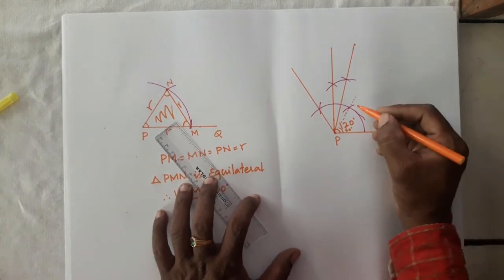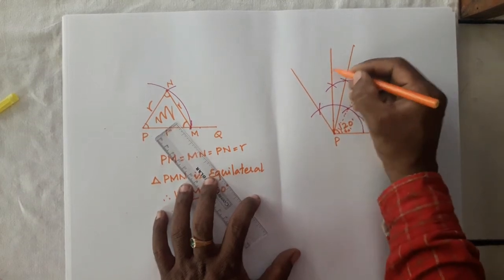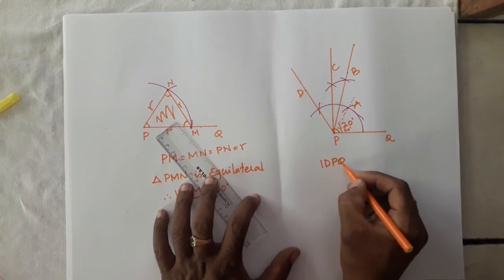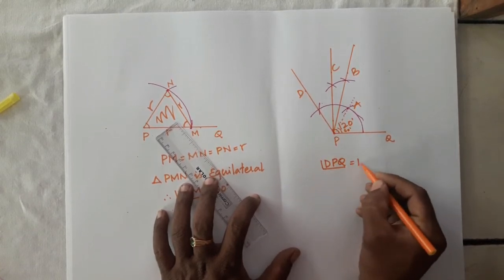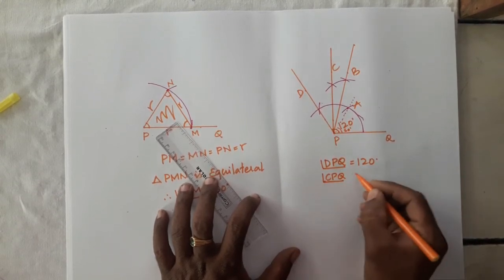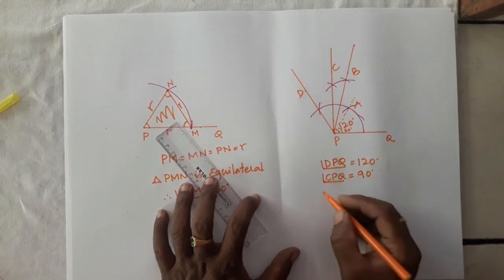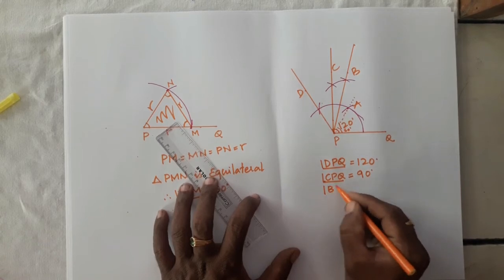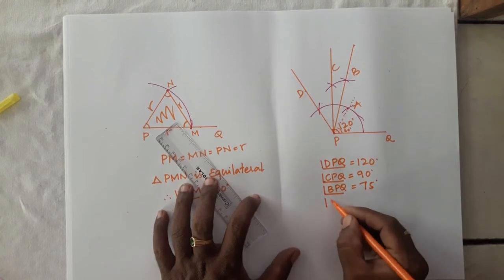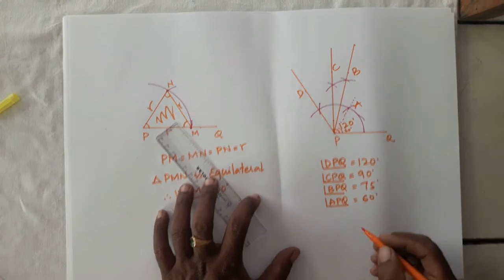If I name this particular point as A, this as B, C, D, here angle DPQ is 120 degrees, angle CPQ is 90 degrees, angle BPQ is 75 degrees, angle APQ is 60 degrees.